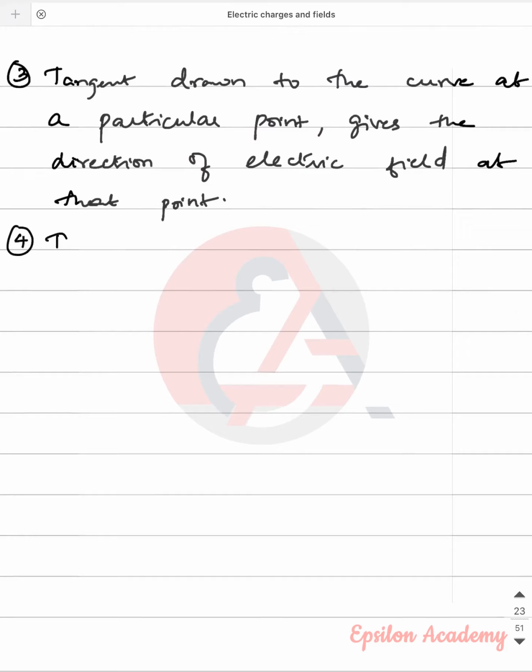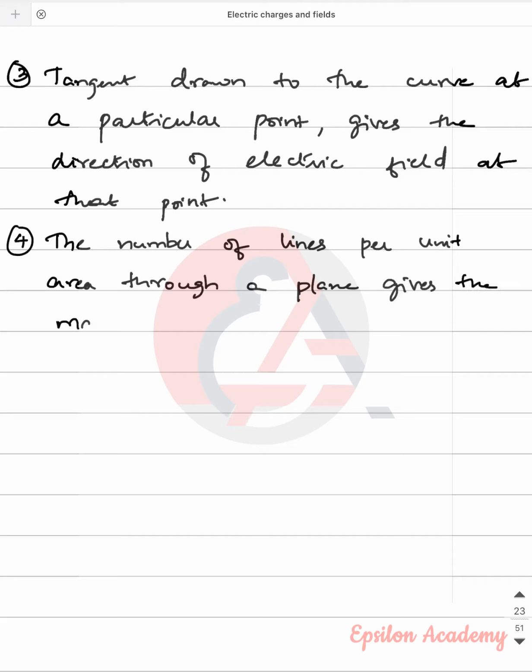And the next point is the number of lines per unit area through a plane gives the magnitude of electric field intensity at that point.